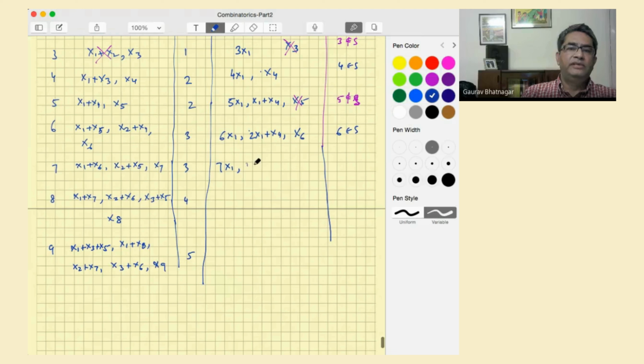7x1, 3x1 plus x4, x1 plus x6. Okay, that's it, which means x7 is not there.